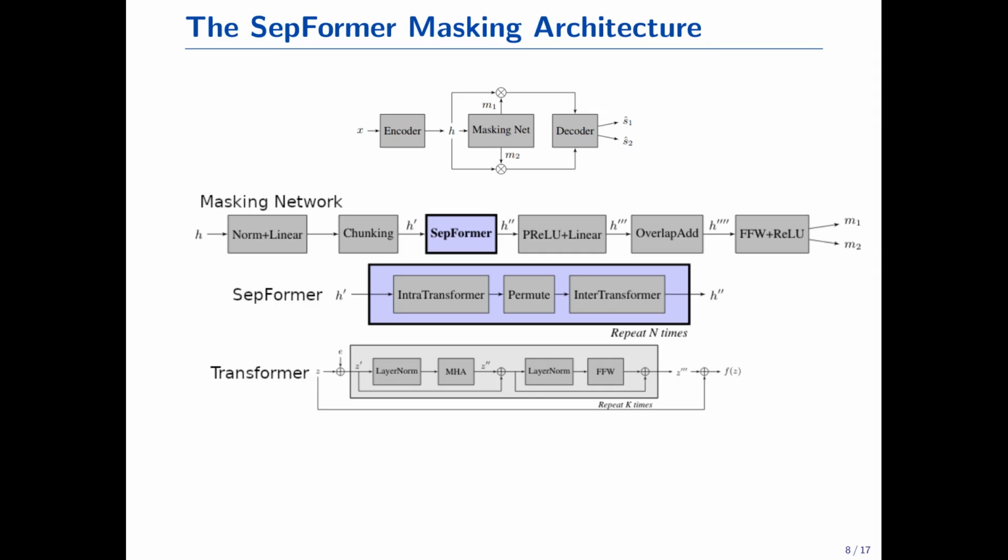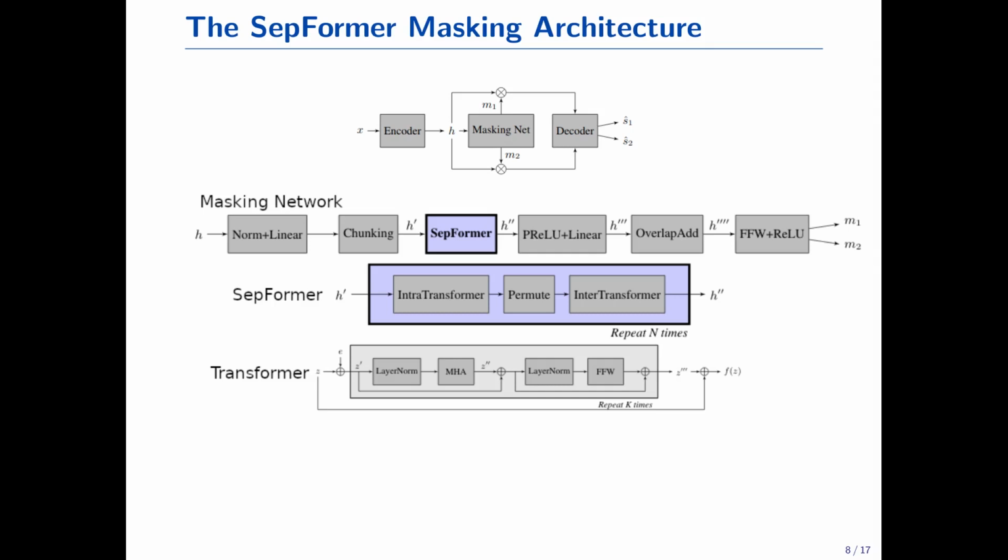Once that processing is done, we go through a linear layer, and afterwards there's an overlap add block, which undoes the chunking operation. Afterwards we finish up with a feed-forward layer and a ReLU, and then we get our separation masks.